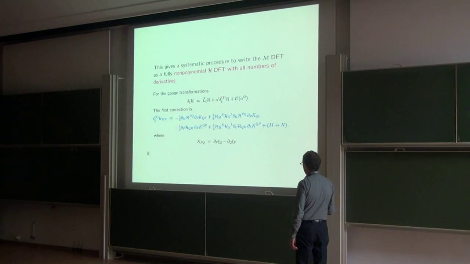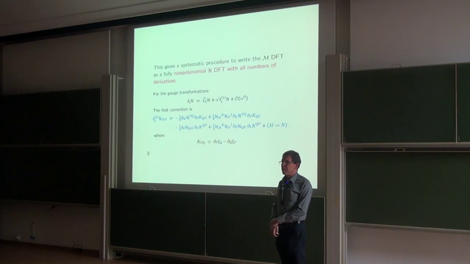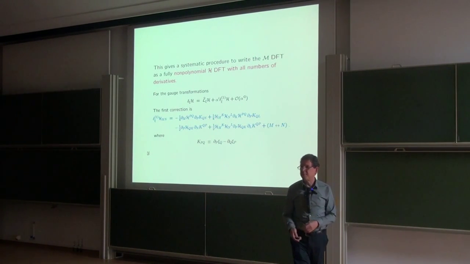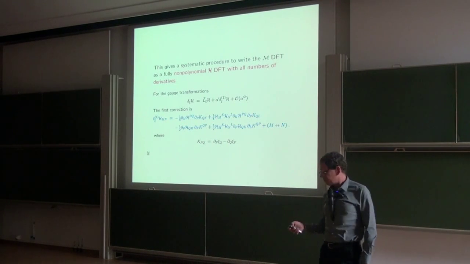The first order correction looks like this, terms with three derivatives. Here's one derivative. There's another derivative and a k, which is like an anti-symmetrized version of the derivative. So this is the expression, and if you had attempted to construct this double field theory in terms of the generalized metric, you probably would never be able to do it. It would be very, very difficult.